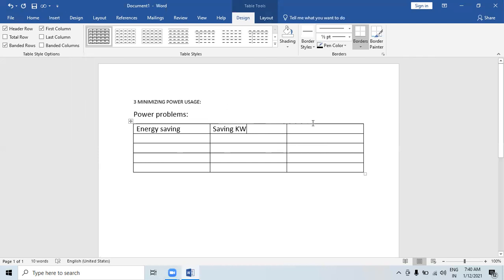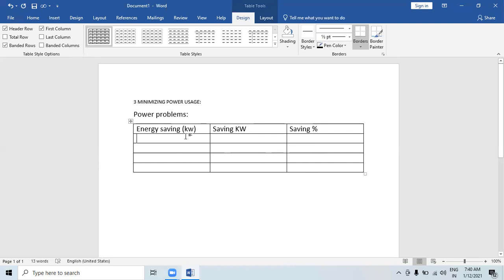How much energy we save in kilowatts, and how much we save in percent. The table indicates how much energy we are saving.